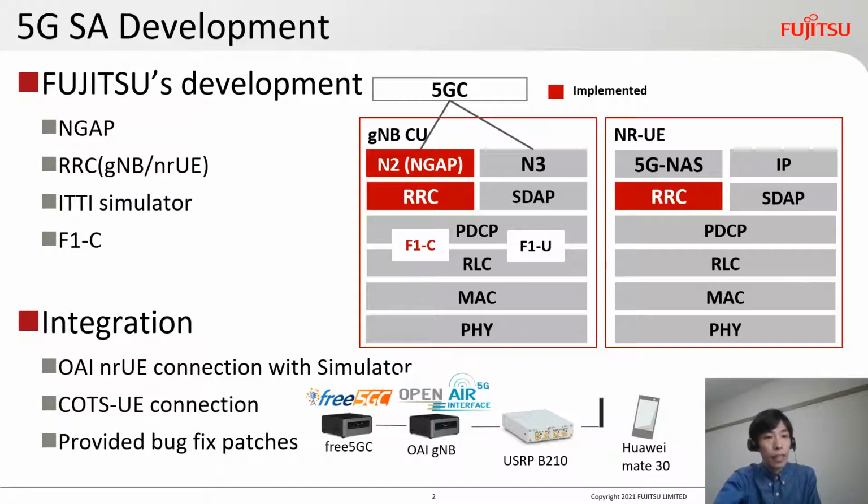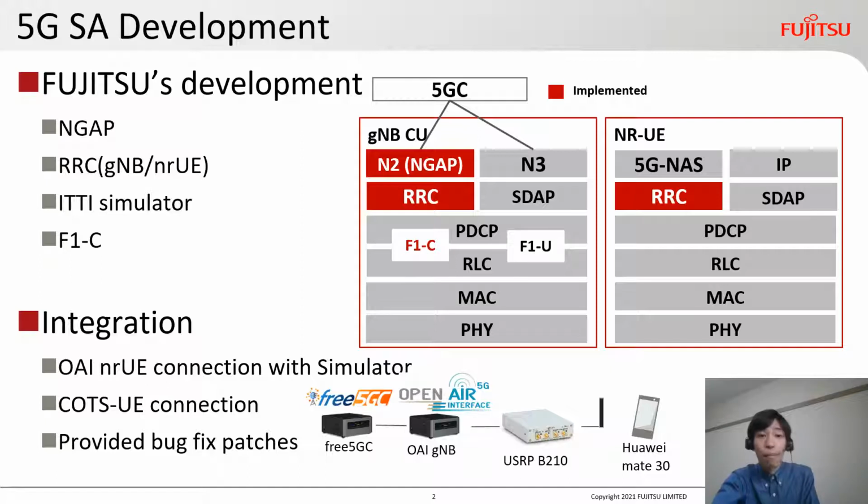This is a simulator that can send C-plane messages directly between gNB and New Radio UE as ITTI messages. Moreover, we developed a part of F1-C for CU-DU split.